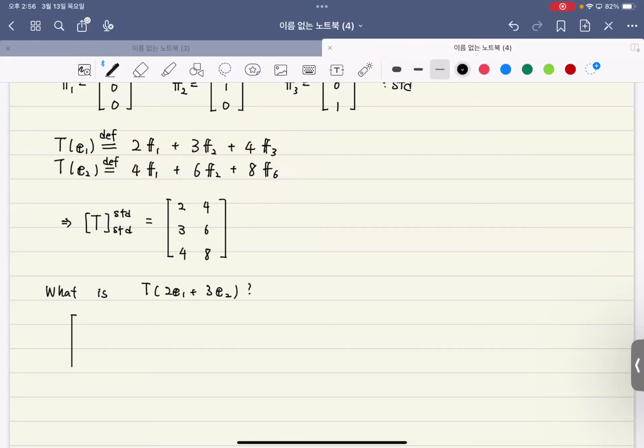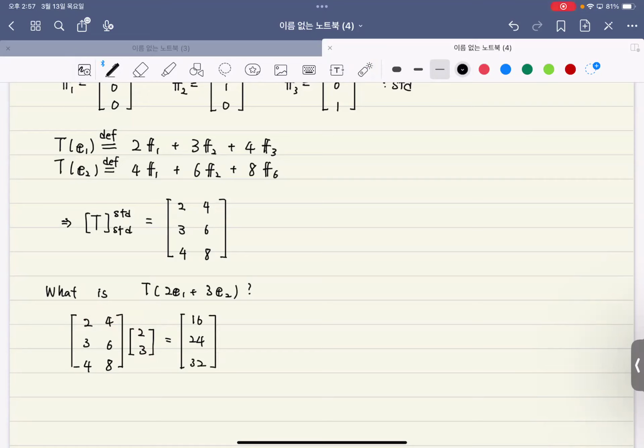But since we have the matrix representation of this transformation using this basis, instead of doing that, I can simply write down this matrix multiplied by this column, 2 and 3. And the answer is 2 times 2, 4, 3 times 12, which is 16, I guess, and 6, 18, 24, and 32.